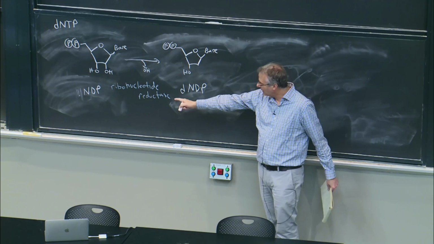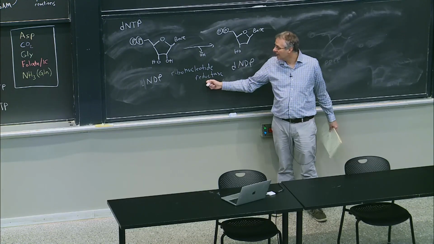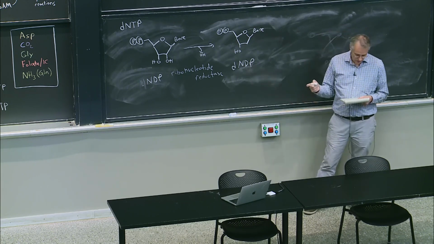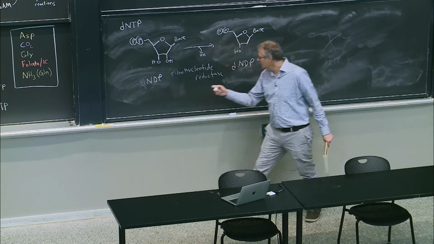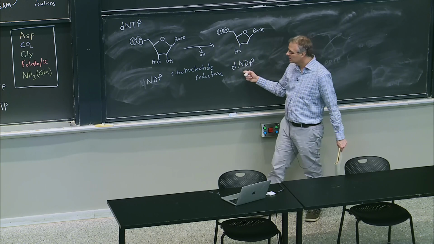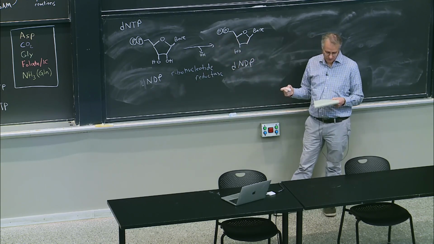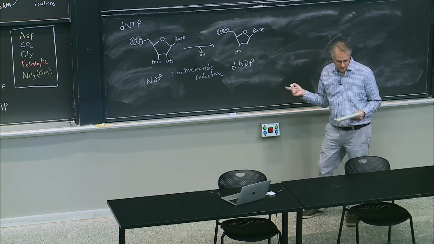So the nucleotide diphosphate is what ribonucleotide reductase acts on to generate the deoxynucleotide diphosphate. So you would take ADP and generate dADP, GDP and generate dGDP. All right? And we'll come back to this in a minute for pyrimidines.